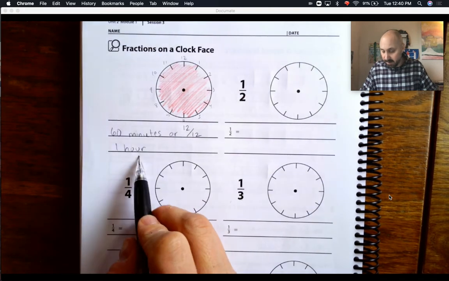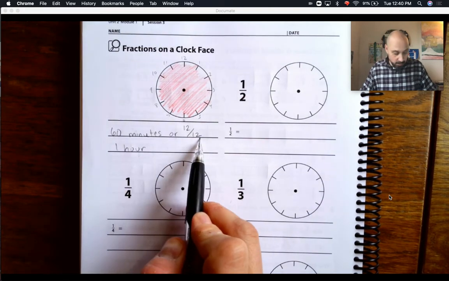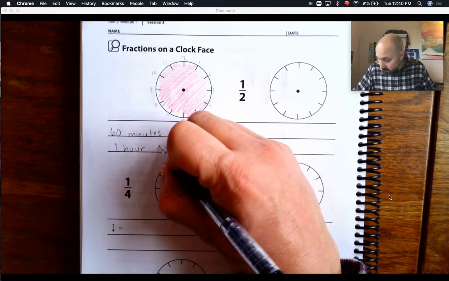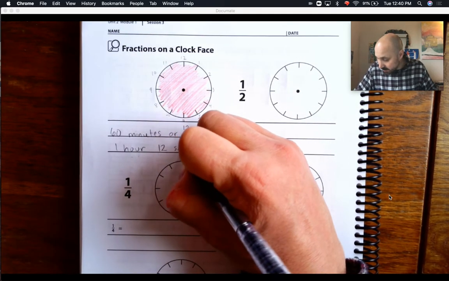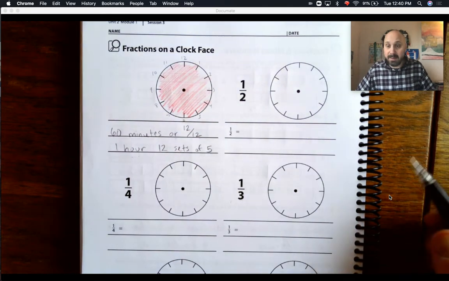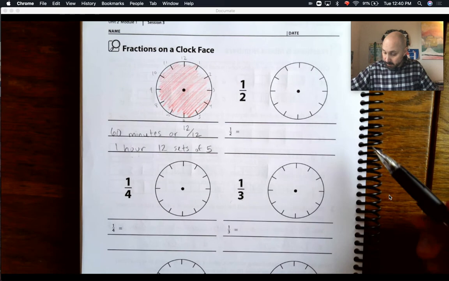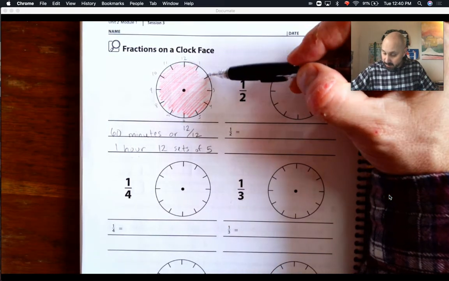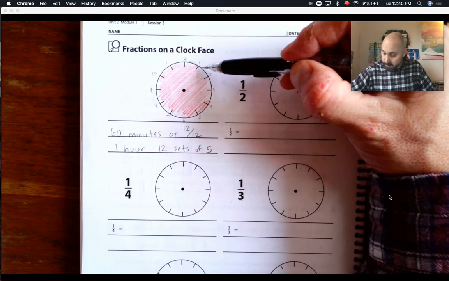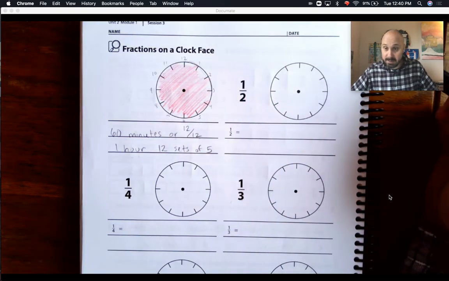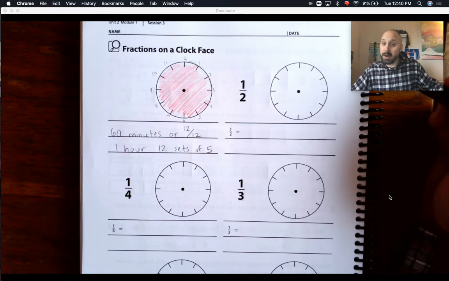So I have 60 minutes or 12 twelfths or 1 hour, or there's another way we could say this: 12 sets of five. That means 12 sets of 5 minutes, because the spaces between the 12 and the 1, the 1 and the 2, the 2 and 3, those are 5 minute increments as well as 1 hour increments.